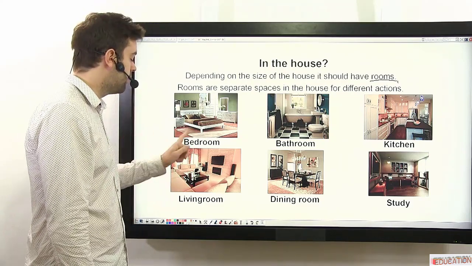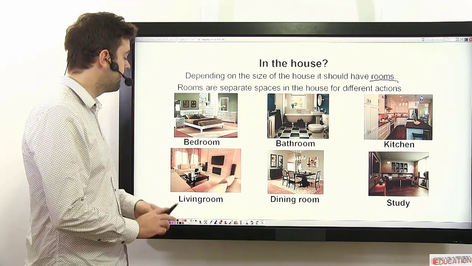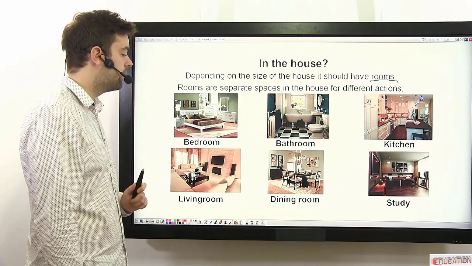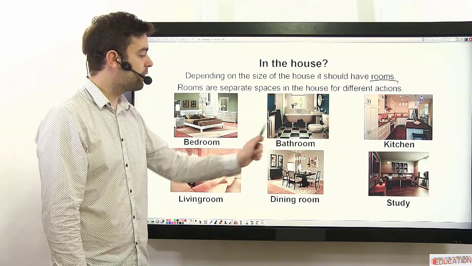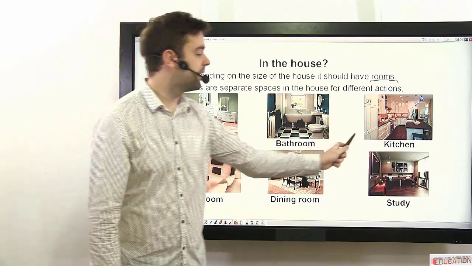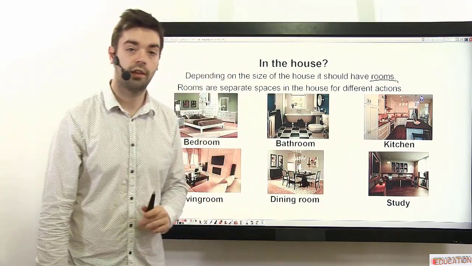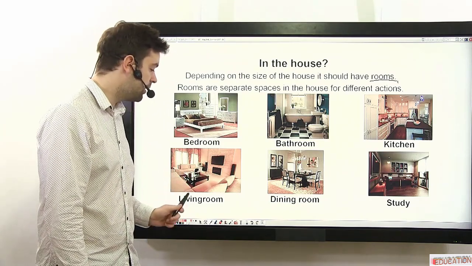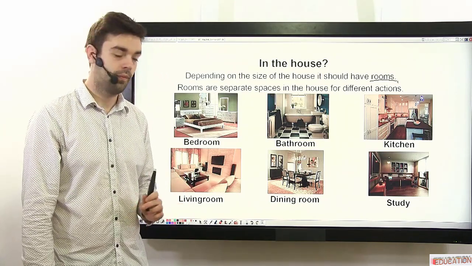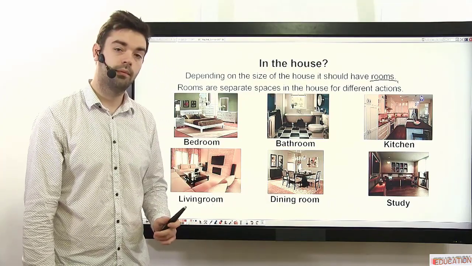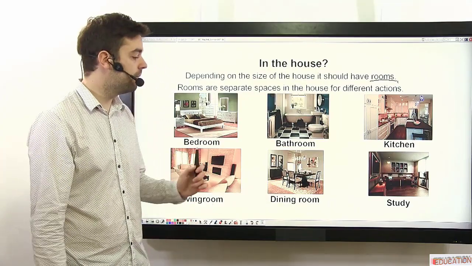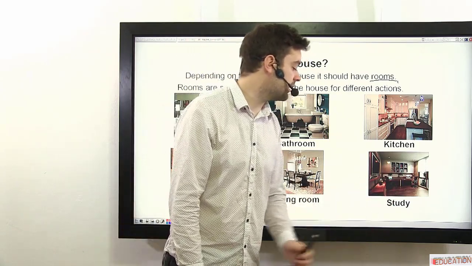So we have the bedroom, the bathroom, the kitchen, the living room, the dining room, and the study.